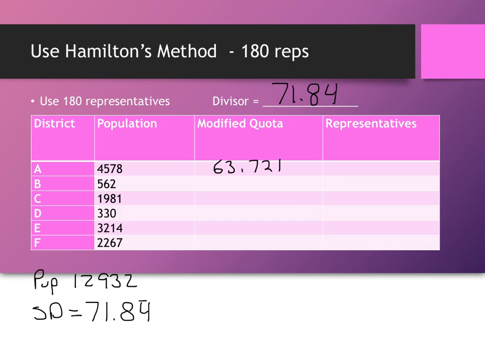The quotas are 63.721, 7.?, 27.574, 4.593, 44.736, and 31.554. I say modified quota, but this is the actual quota in Hamilton's method.